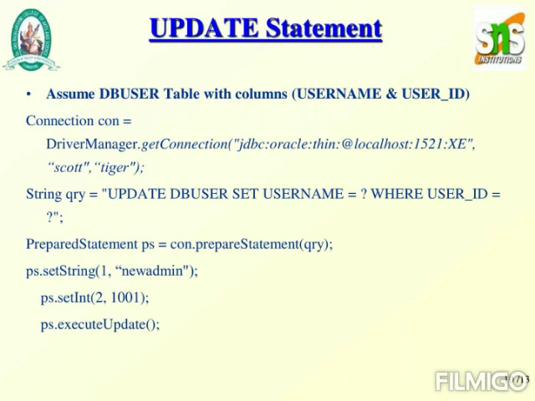Now I'm updating the database called database user. I'm setting the username and assigning the username. Now I'm setting the username as new admin, and the value for the name is 101. I'm executing the query and I'm outputting the results.